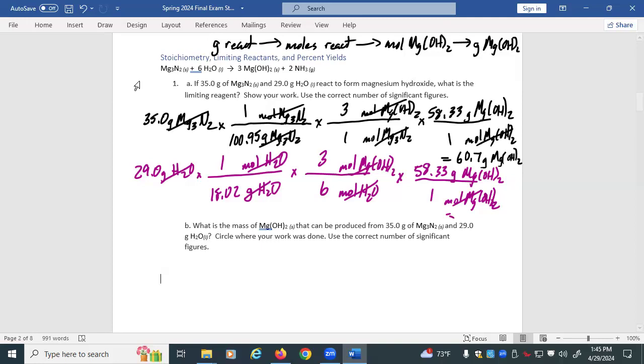All that's left is the calculating. 29 times 3 times 58.33 divided by 18.02 divided by 6, to 3 significant figures, is 46.9 grams of magnesium hydroxide.